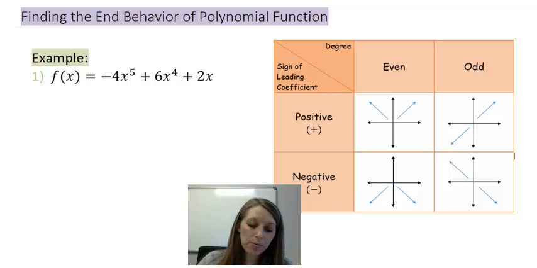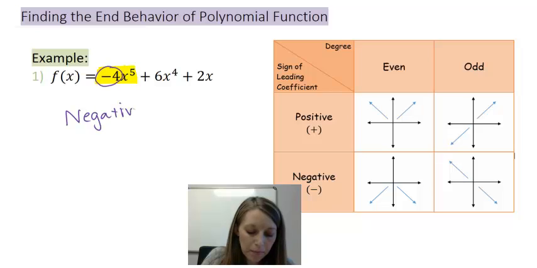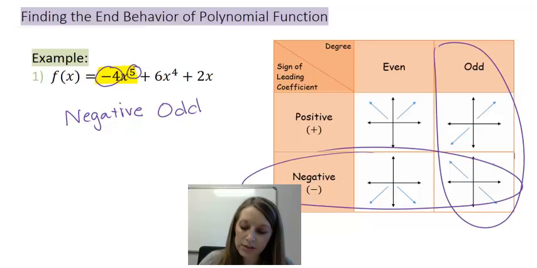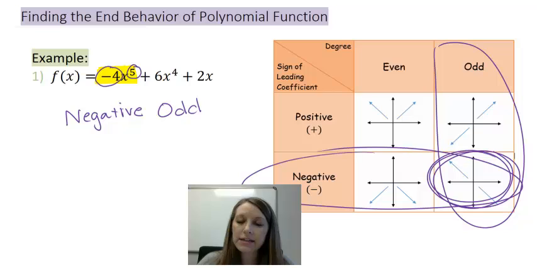My leading term is the one with the highest exponent. In this example, it's negative 4x to the fifth. My leading coefficient is negative 4, so this is a negative. And my exponent is 5, so this is a negative odd. So I just have to figure out where my negative and my odds intersect, which is this here, and that tells me the end behavior on my graph.